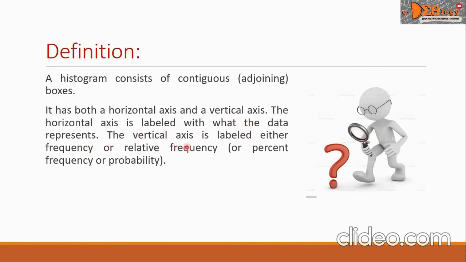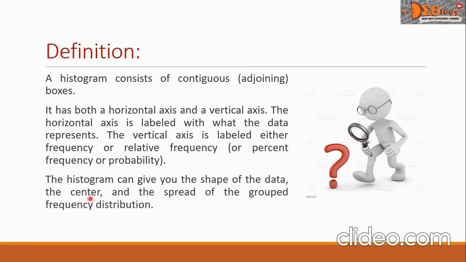The vertical axis is labeled either frequency, relative frequency, percent frequency, or probability. The histogram can give you the shape of the data, the center, and the spread of the grouped frequency distribution.